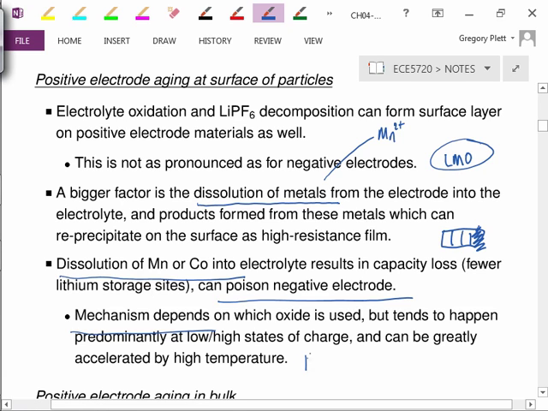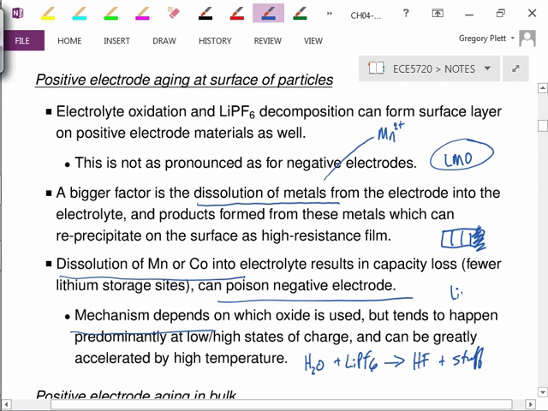trace water, so H2O plus LiPF6, produces stuff including hydrofluoric acid. And this hydrofluoric acid is nasty, and it will attack the surface of the manganese.